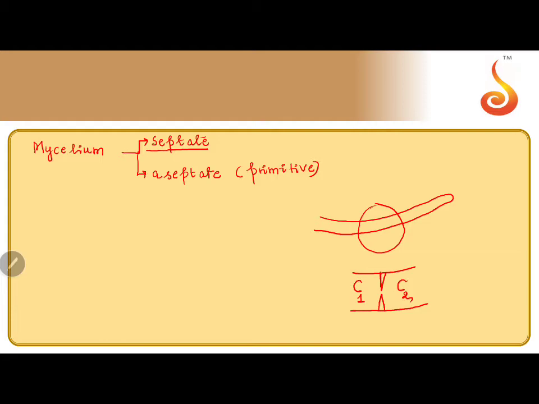Why did the aseptate hypha convert to septate hypha? Because there was a septum. So the membrane will extend inside, forming the division, but the septum is not complete.